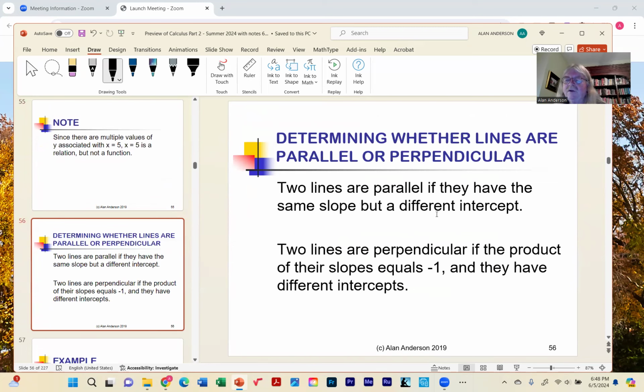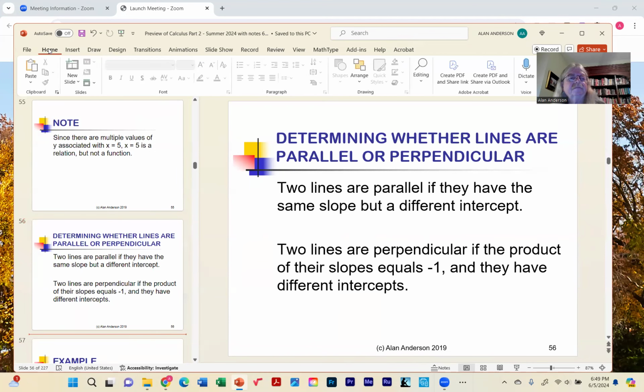Now here's something you might not have thought about for a while. The concept of parallel and perpendicular lines. So parallel simply means they have the same slope. Let me just throw a quick sketch up there.